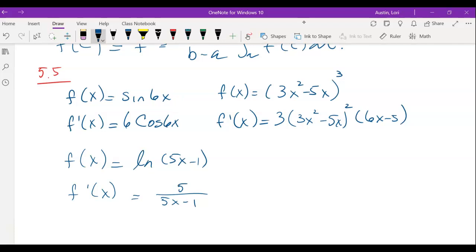Okay? So here's what I want you to notice, because keep in mind, you're now going to be given the derivatives and you got to work your way backwards, right? So what you need to recognize is, hey, is there a main function and is there a derivative of that? So take a look. When you see cosine x, do you see the derivative of 6x?